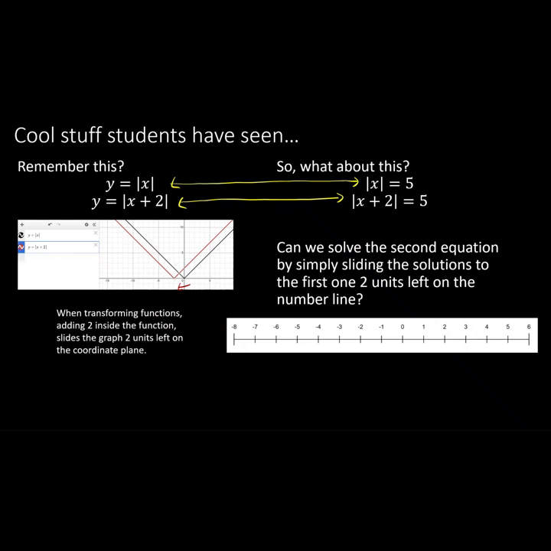So the first equation has the solutions x is equal to 5 and x is equal to -5. So the distance from 0 is 5, so that could put the solutions to the first equation at 5 and -5. Can we get the solutions to the second equation by just taking those solutions and sliding them left 2 units? So would that be -7 and +3?